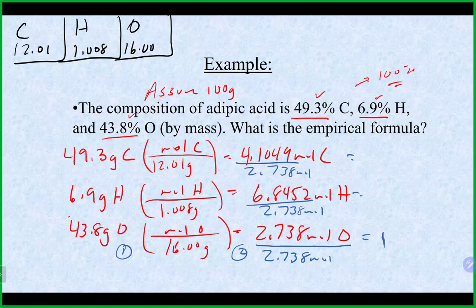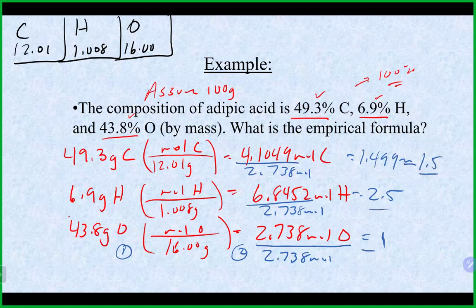For our hydrogen, 6.8452 divided by 2.738 looks like 2.5. And for our carbon, 4.1049 divided by 2.738, about 1.499, which is pretty close to 1.5 in this case.